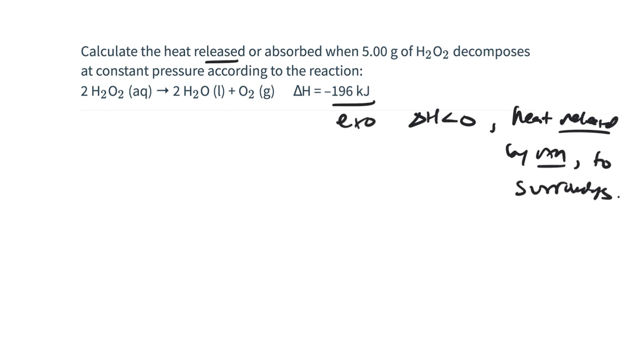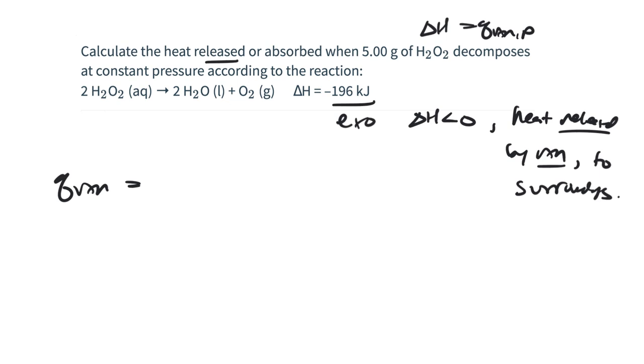Now how can I calculate how much heat's released? So if I want to calculate Q reaction, in a way Q reaction and delta H, if you recall, delta H at constant pressure is equal to the Q reaction at constant pressure. Now let me mention that a lot of times when I write Q reaction, I'm usually thinking for a random amount of reactants.